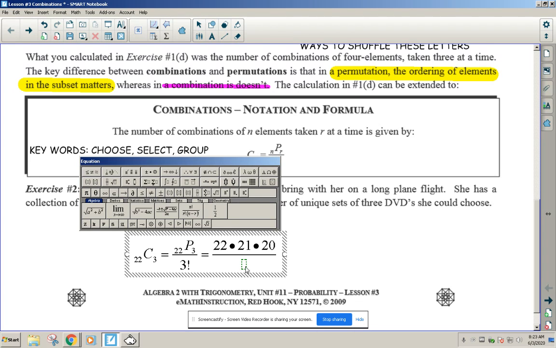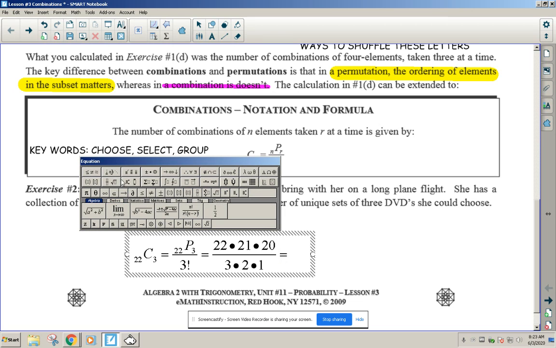And this is going to all be over the 3 factorial, which is 3 times 2 times 1. And I know anything times 1 is itself, so maybe you don't want to write it, but I mean, it's just a good habit.